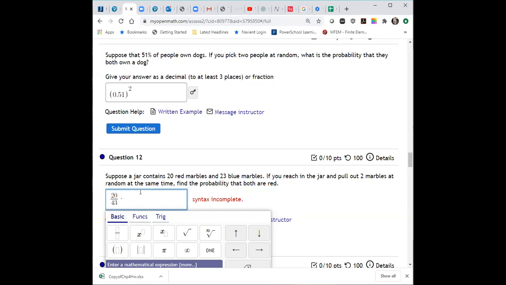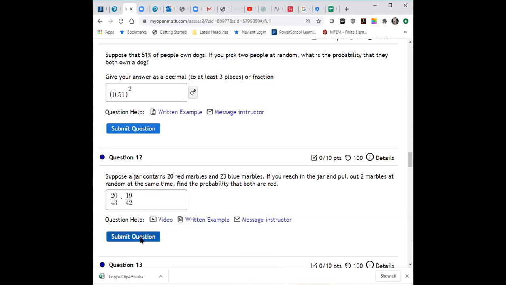What is the probability for the second marble? It will be 19 over 42, because you already picked one red marble, so the number of red marbles reduces to 19 and the total reduces to 42. So this will be the answer.